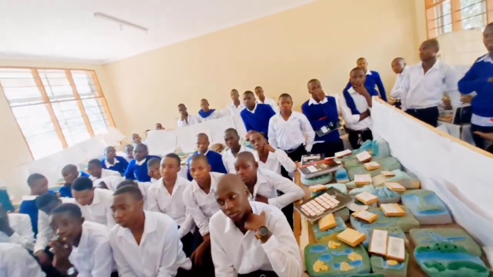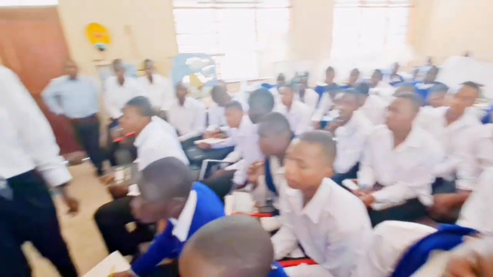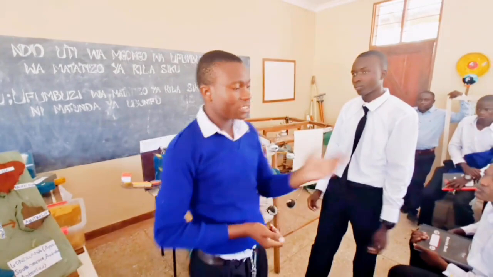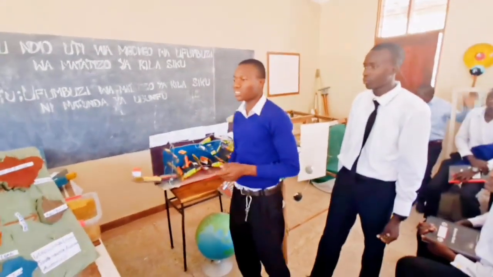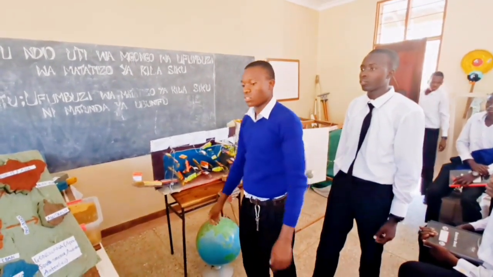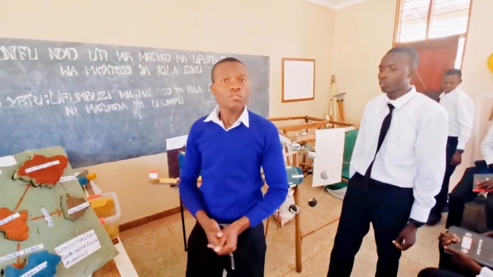Now let us go directly to the causes of continental drifting. Is it? Yes. There are some causes which cause the continents to separate like this. Starting with the first cause, which is the centrifugal force.